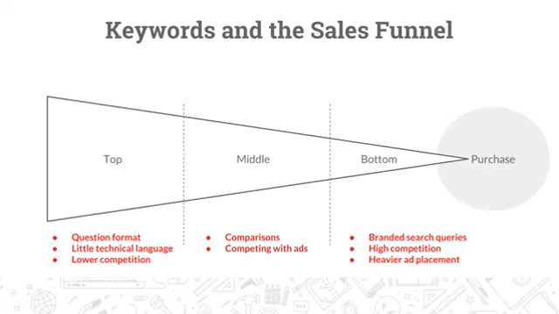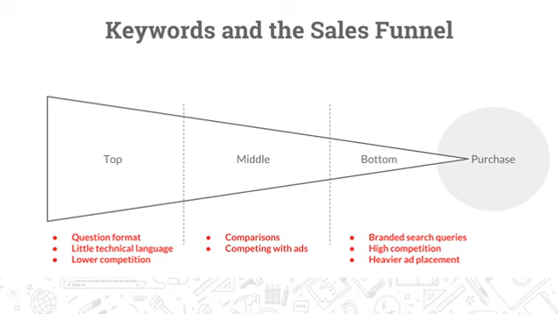The interesting thing is that we can tell based upon search behaviors where people are within the sales funnel. If we look at different queries, that is, different search engine result pages, we can actually see where people are. In the top of the funnel, people are often querying things in question formats.